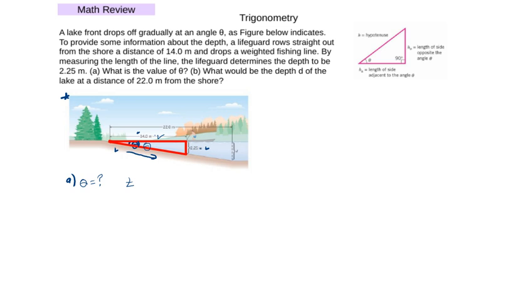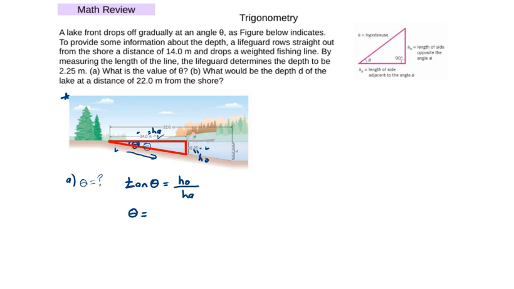Okay, now I'm looking at my triangle. I know this side, I know that side. I know opposite and adjacent from this angle of interest. So I'm going to use tangent.